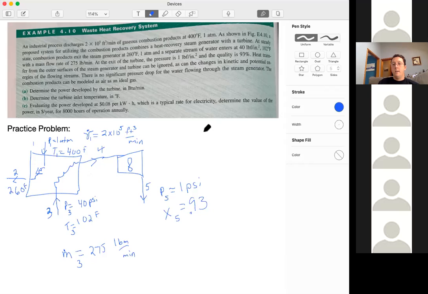So we want W dot for the turbine. We want the temperature at state 4, the temperature right here. And we want to know about money. Is this a good idea? Do we save money doing this?